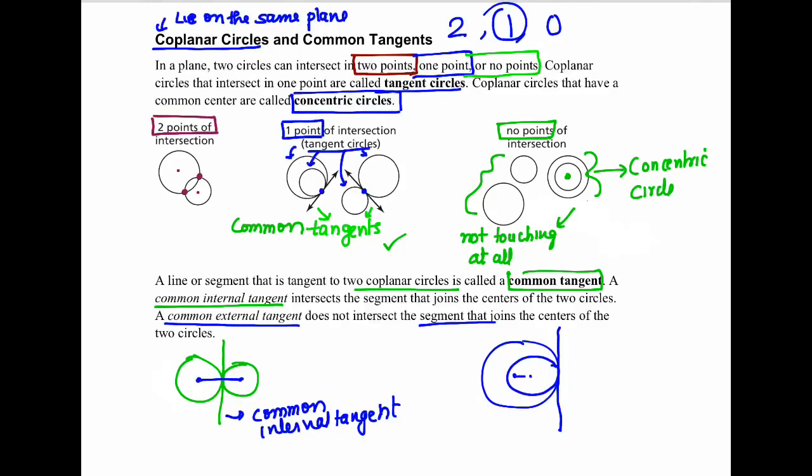When you connect the centers, this is the center for the bigger one, this is the center for the smaller one, they're not at all intersected by the common external tangent. So here, this is your common external tangent.